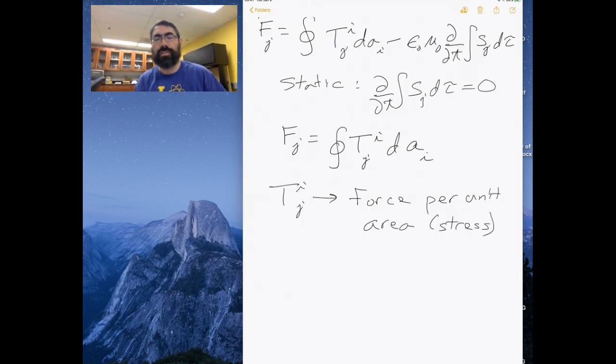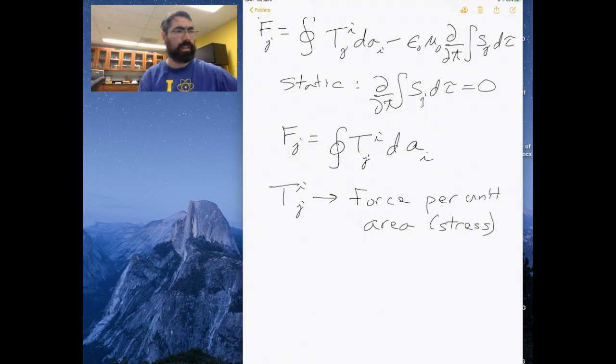A stress is a force over an area, akin to a pressure. So it's a force per unit area, and so that's what we get. So now we can try and apply that to electrodynamics and see what force per unit area you would get if you have a case of electric and magnetic fields.